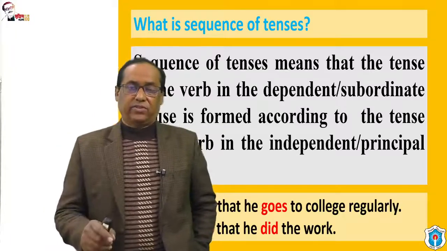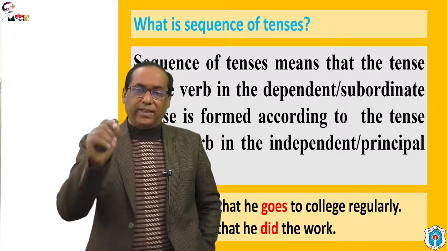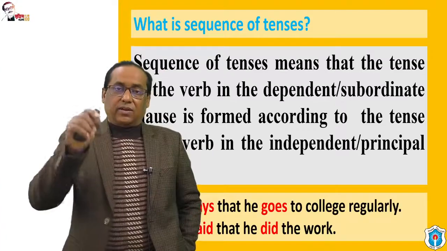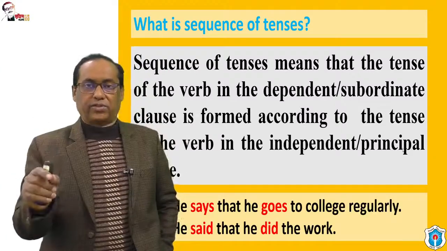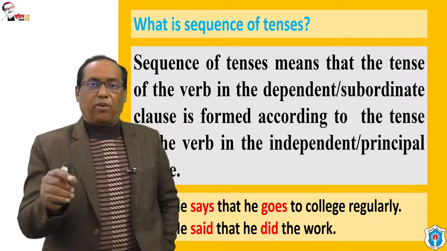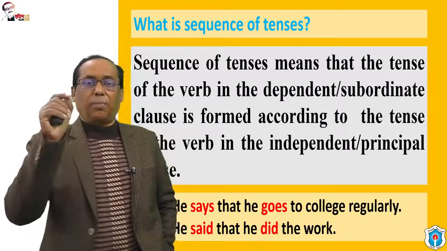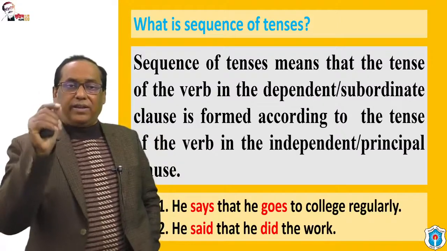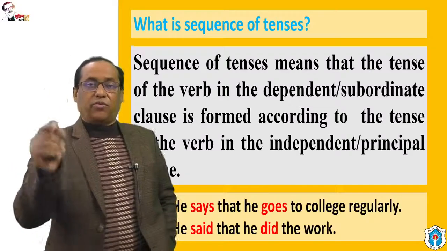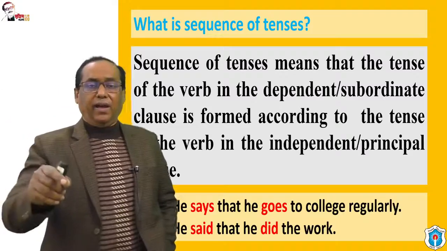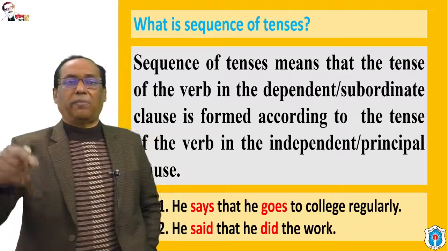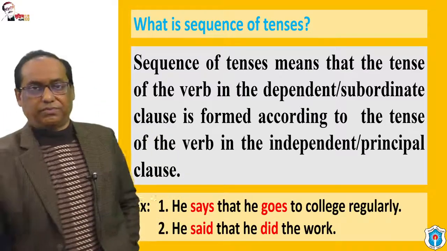In fact, sequence of tenses governs the principle through which we form the tense of a verb in a subordinate clause following the tense of the verb in the principal or main clause.